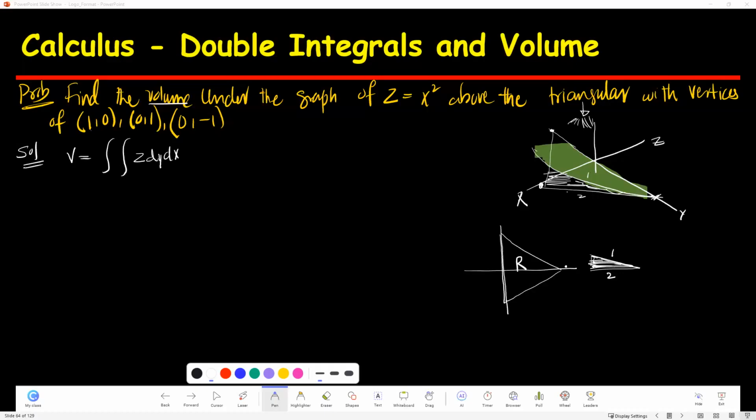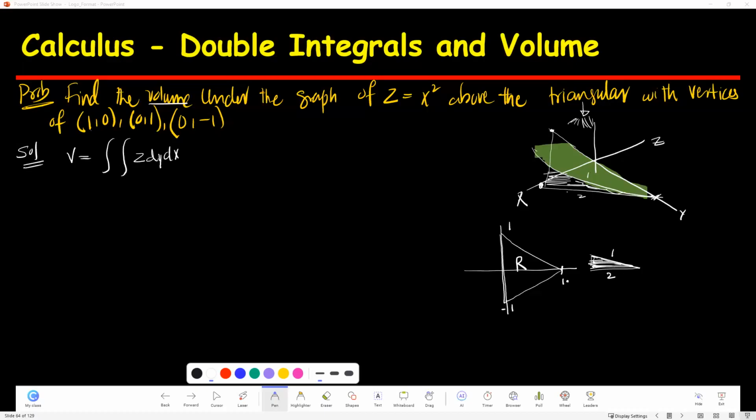This point is this point, and y goes to 1. This is 1, and this is minus 1 underneath.